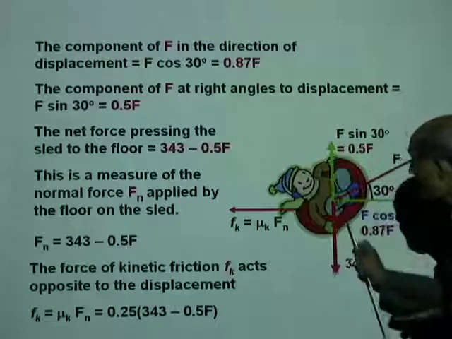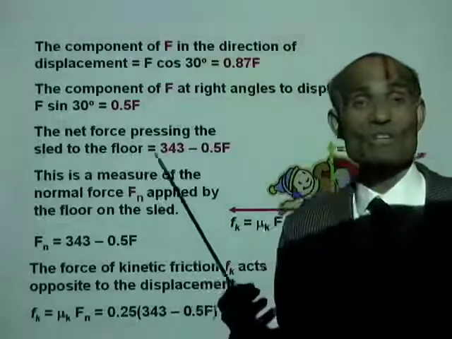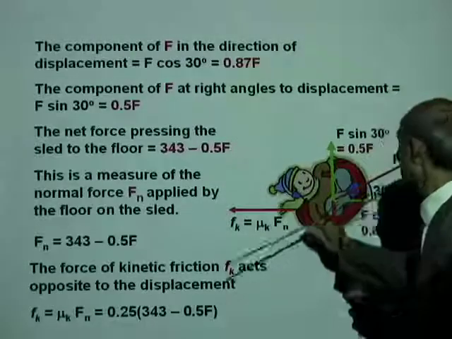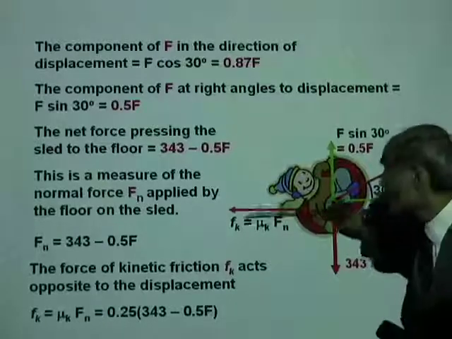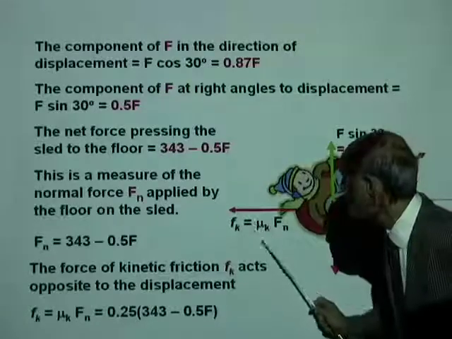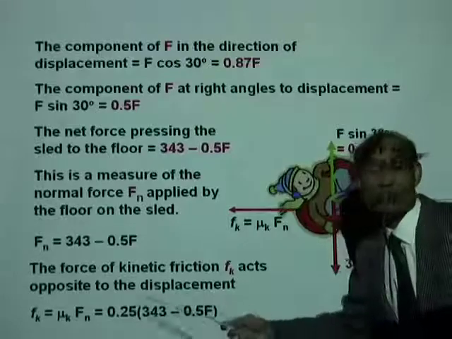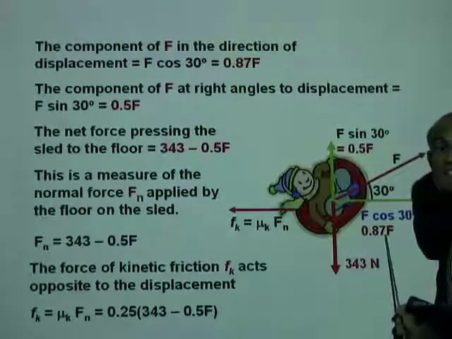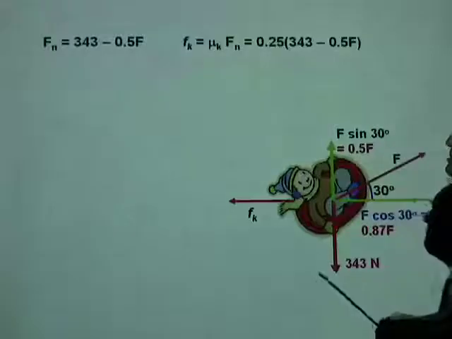So once again, when the sled is pulled with a constant velocity, the net force on it is 0. That means the force acting to the right, 0.87 F, minus the force acting to the left, which is mu k Fn, must be equal to 0, or 0.87 F must be equal to the frictional force.